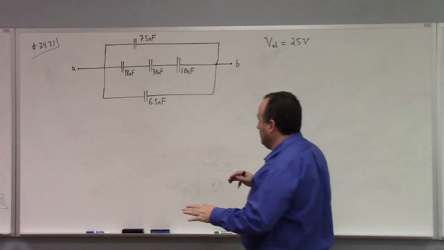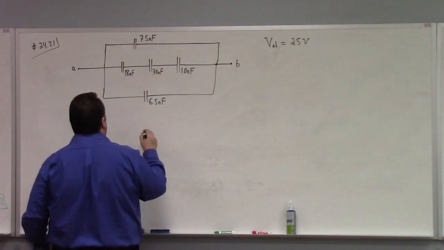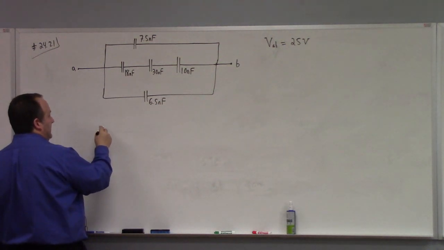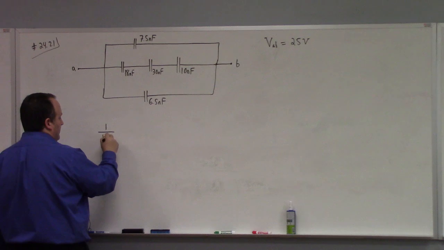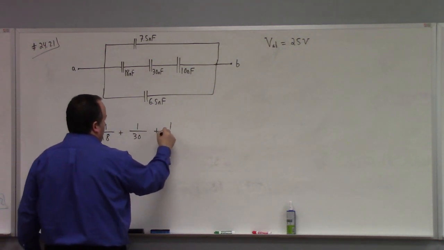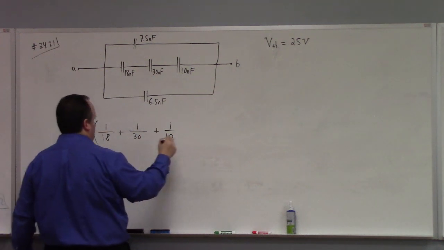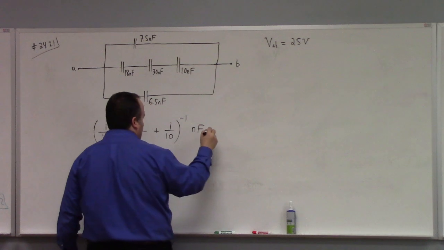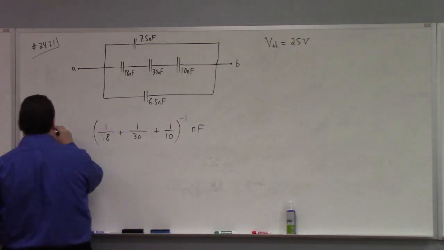Equivalent capacitance then, right? So we'll start out with, let's just figure out the middle branch. That's the easiest, that's kind of the big one here. So we do 1 over 18 plus 1 over 30 plus 1 over 10, inverse of all of that, nanofarads. This is the equivalent capacitance of the middle branch, right?